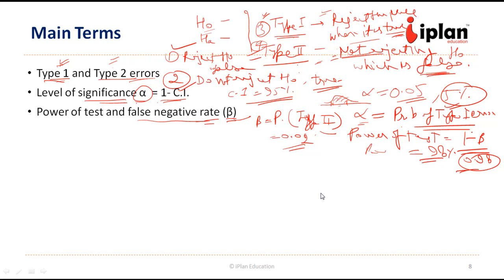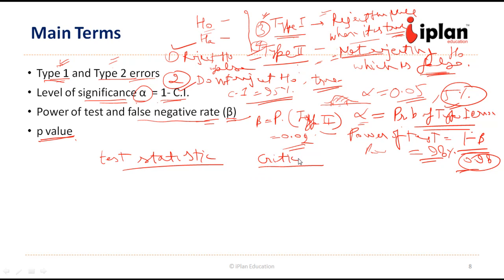Let us look at one more concept, which is p-value. So one way of testing it, we have test statistic, and that could be compared with the critical value. For this comparison, we do not need to use p-value, but we can convert that into probability, that is p-value, and take a decision.